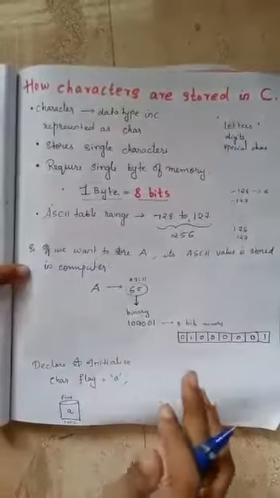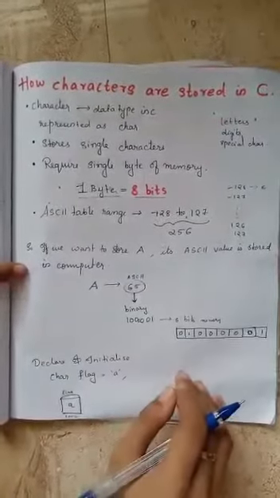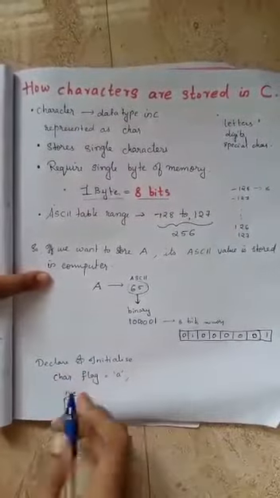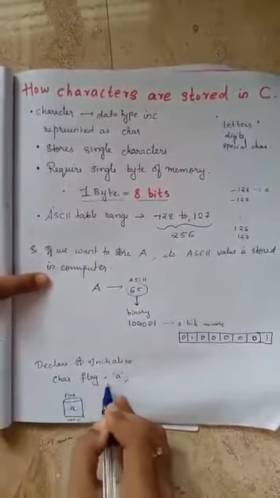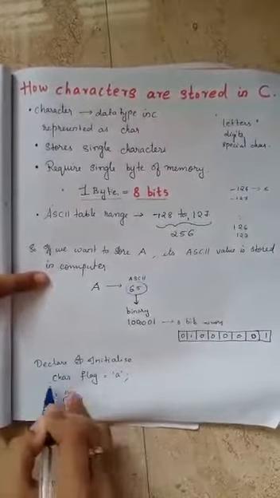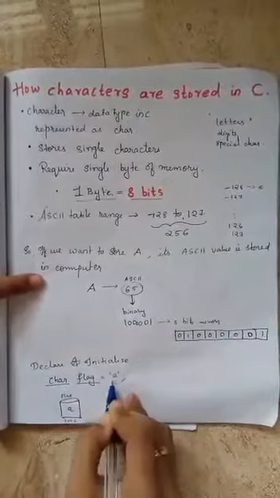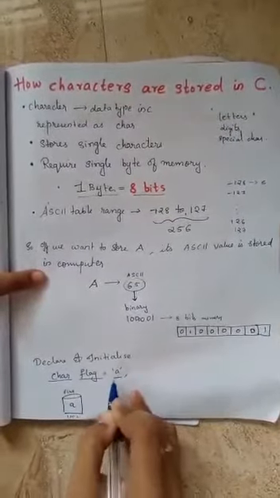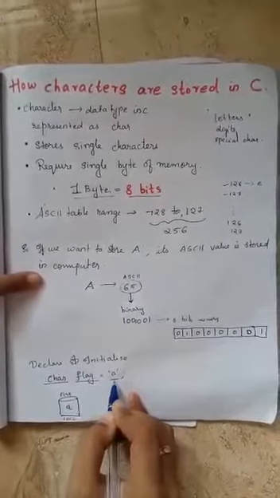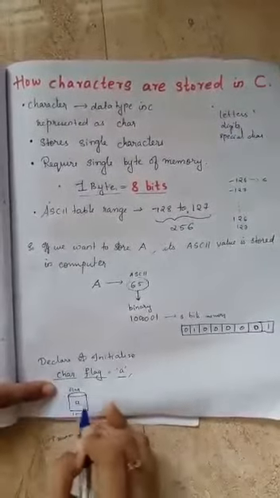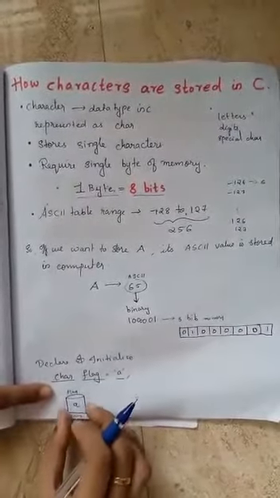Basically, while declaring and initializing a character, we do it like this: char flag = 'A'. Here char is the data type, flag is the variable, and this is the character that we are storing. We have a container to store it.